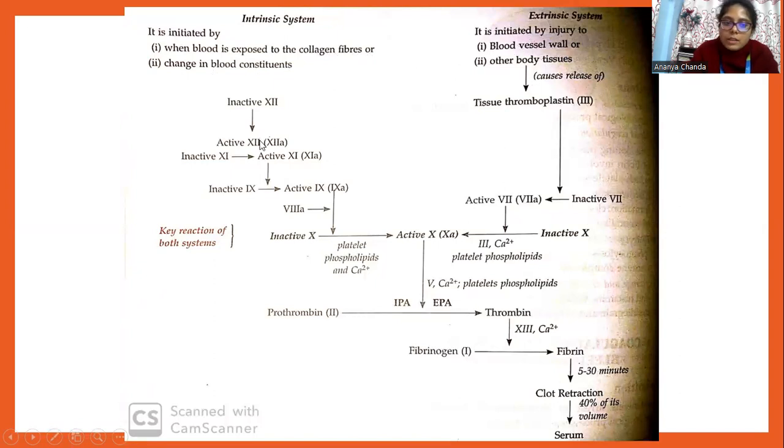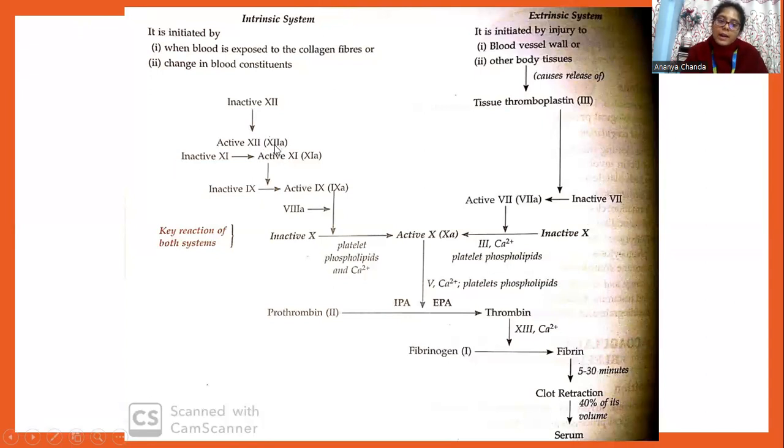So what happens in the intrinsic system pathway? The first factor is factor 12, that is the Hageman factor, right? This inactive Hageman factor gets activated due to the change in the blood constituent or the exposure of collagen fibers. The inactive factor 12 is activated into activated factor 12.